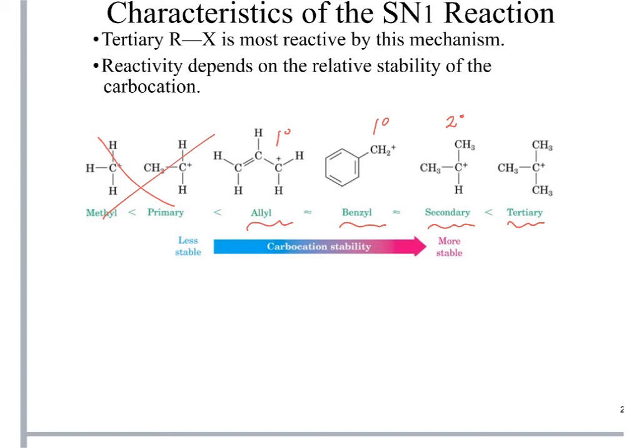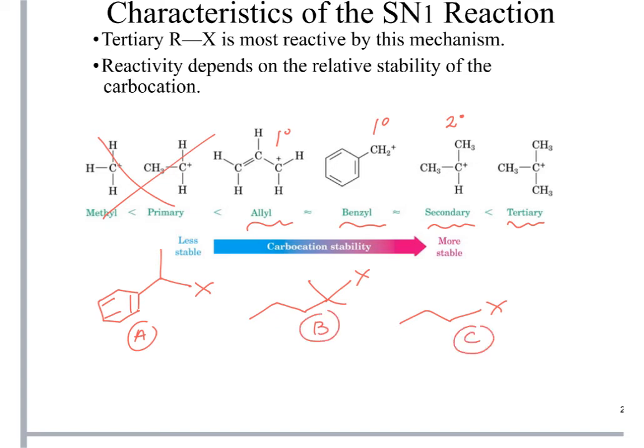So for example, if you are asked to arrange several alkyl halides in the order of increasing reactivity toward SN1 reaction, let's take a look at the reacting centers.